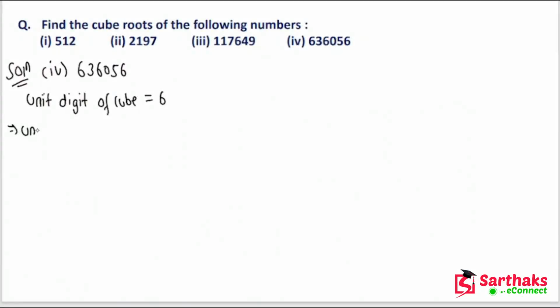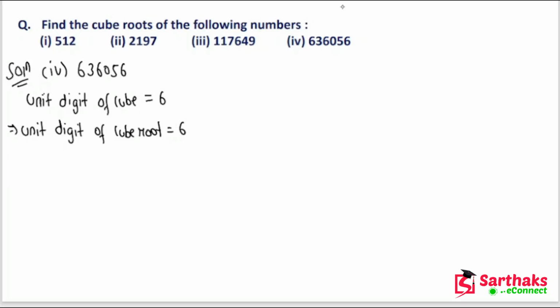So the unit digit of the cube is equal to 6, which implies that the unit digit of the cube root is also equal to 6. So now what we are going to calculate? We are going to calculate the tens digit.